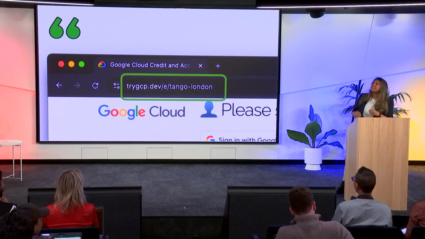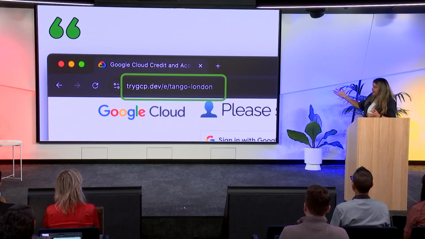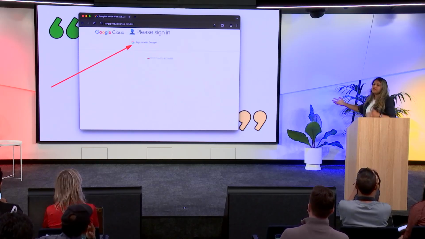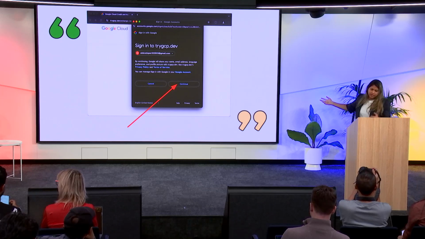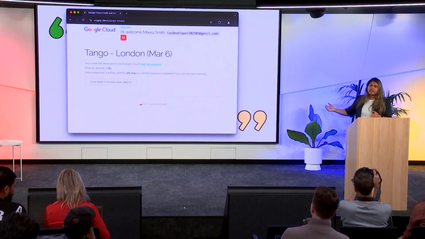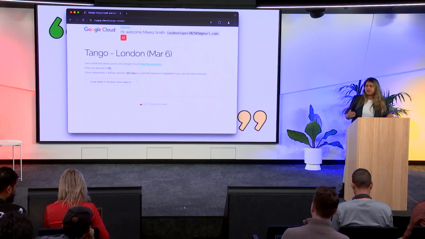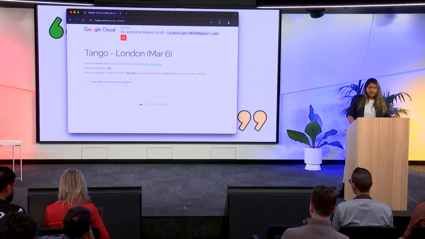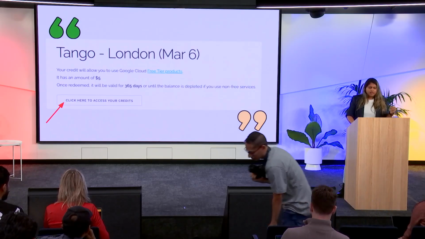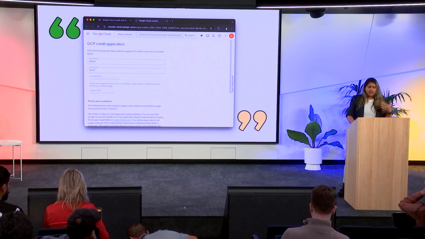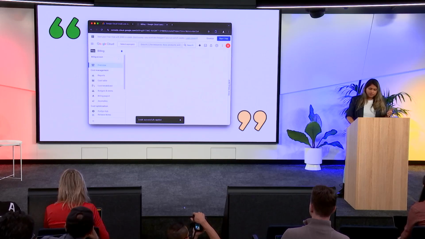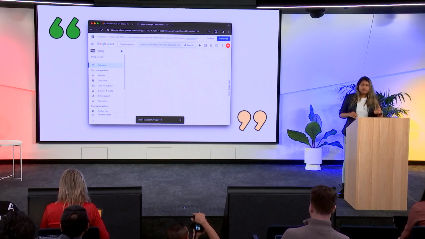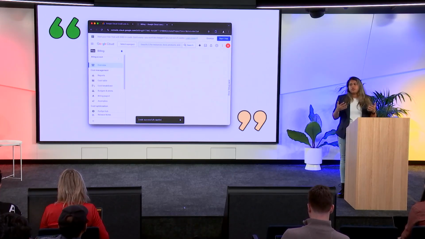Okay, so what it will do is it will take you to a URL like this, and then what you do is you just sign in with Google, and then you basically select your account, continue, and then it will tell you to click here and access your credits. Once you have done that, clicked on the button, it will ask you some more information. Provide that, accept and continue, and then you should basically have it working.